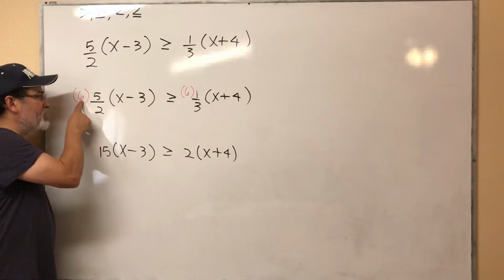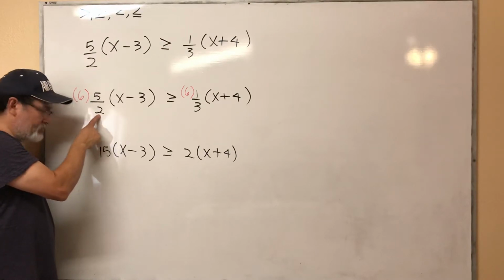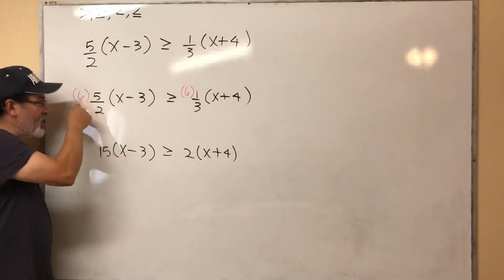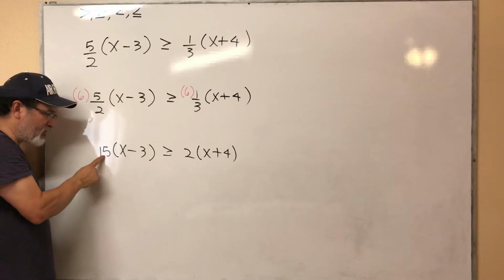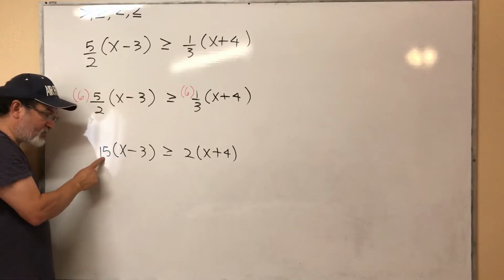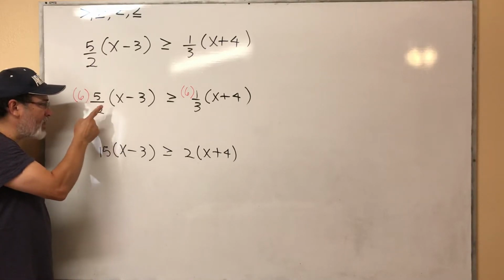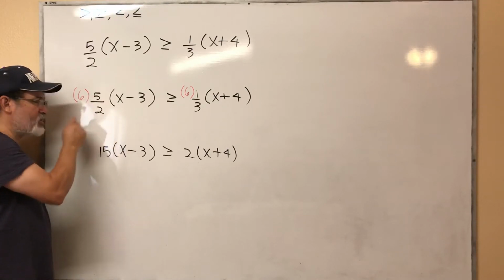The 6 times the 5 divided by 2. When you multiply this 15 times 3, all of them are being multiplied.